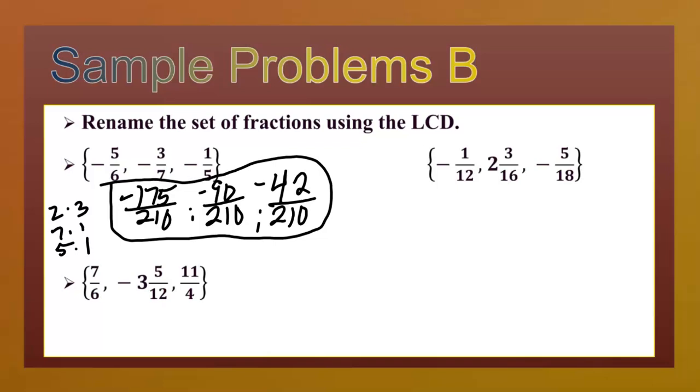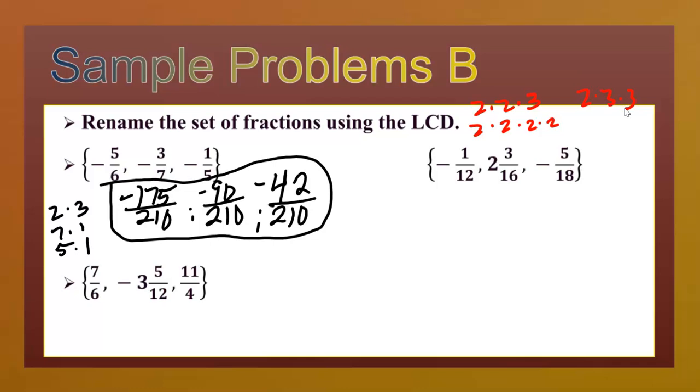Next, we got 12, 16, and 18. So 12 is just 2 times 2 times 3. 16, we know that's 2 times 2, which is 4, times 2 times 2, which is another 4, that's 16. 18 would be 2 times 3 times 3.